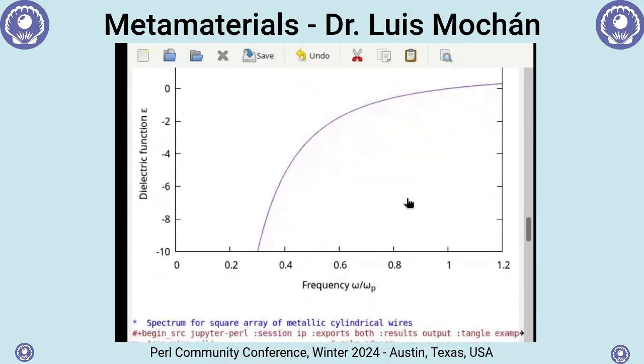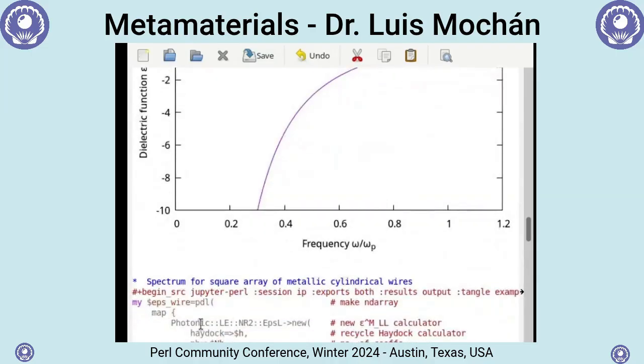And now what I do is I use this Drude response as the value of the epsilon of the particles, and I make an array then of the electric function calculators.